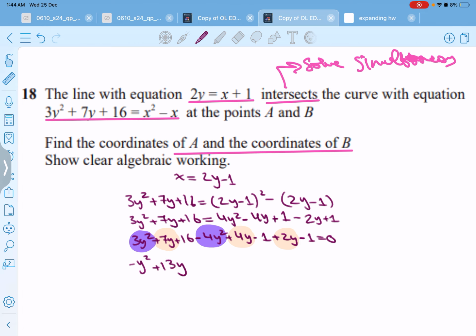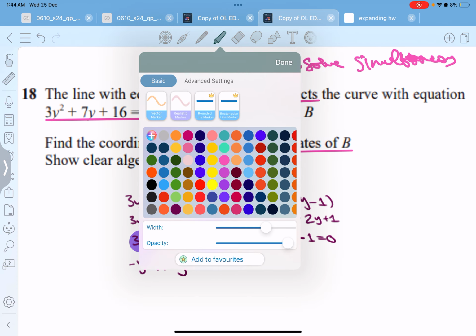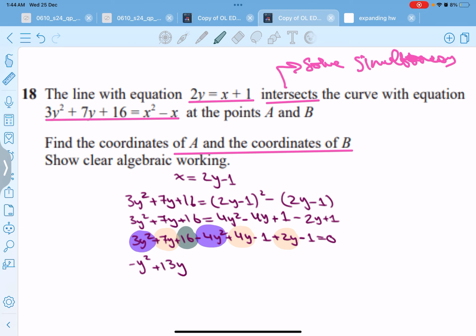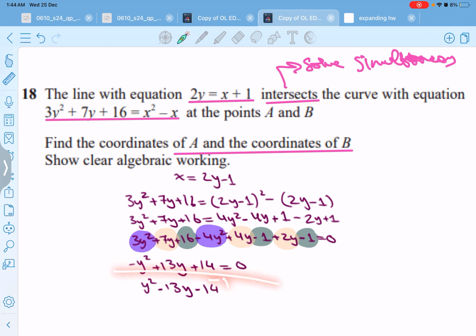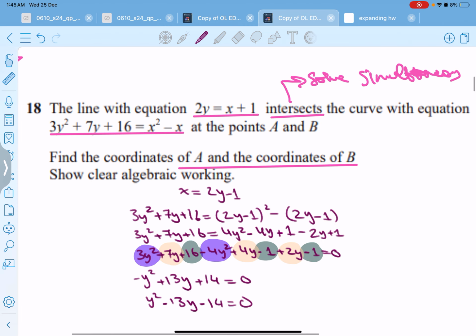Plus 13y. Then 16 minus 1 minus 1, so it's going to be 14. Plus 14 is equal to 0. You can also write it as y squared minus 13y minus 14 equals 0, dividing all the equation by negative 1. It's going to be the same.